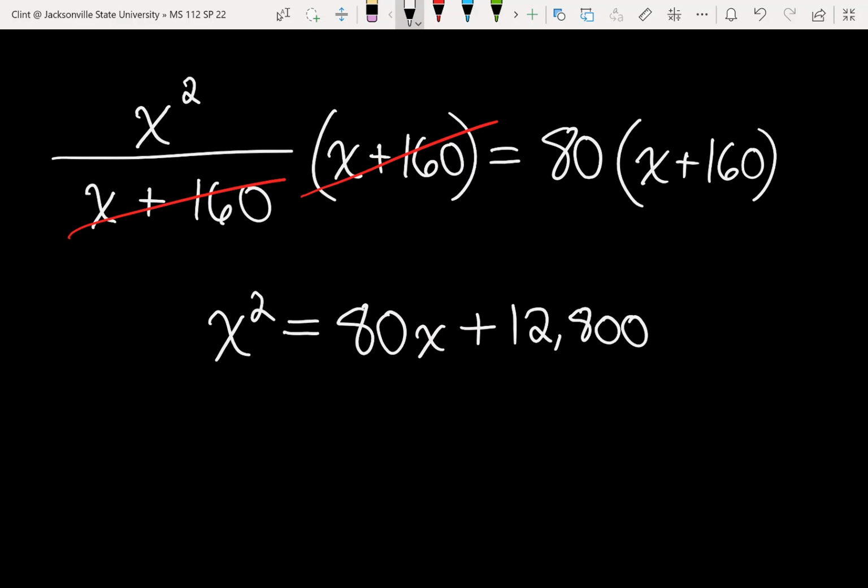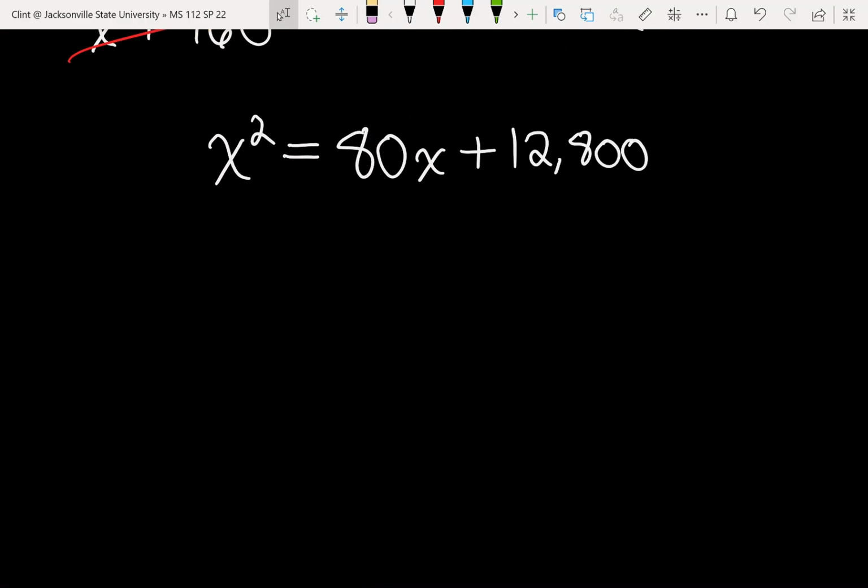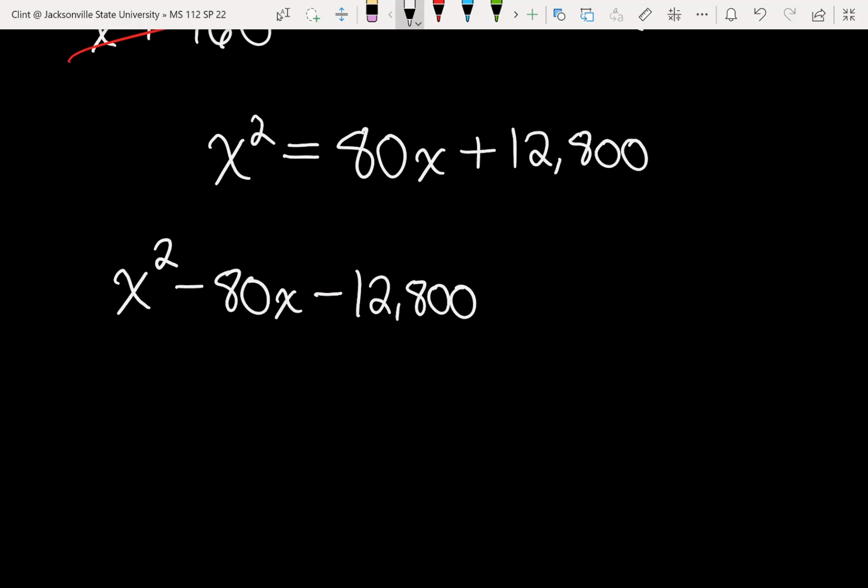A little unfortunate because we've got a quadratic. So we have to deal with these numbers. We can do it. I'm gonna move everything to the left. So subtract 80x. Subtract 12,800. 0.